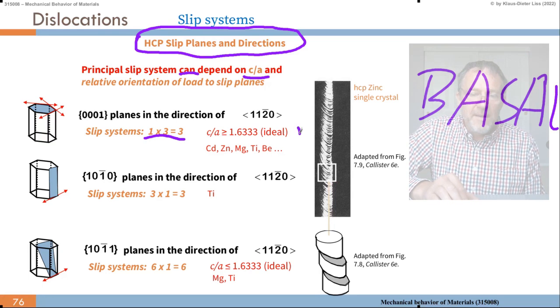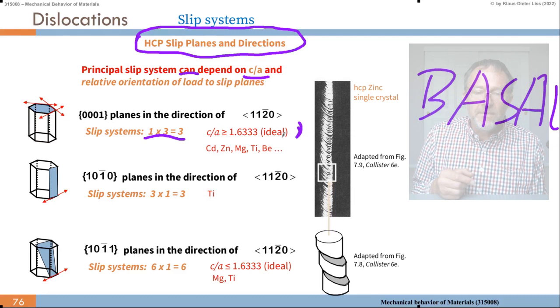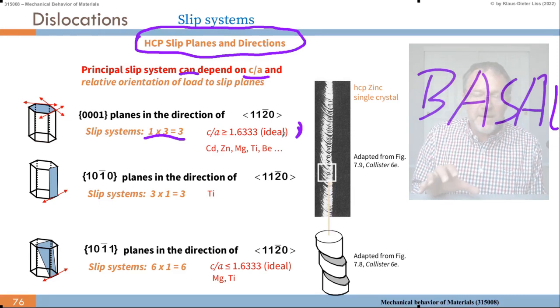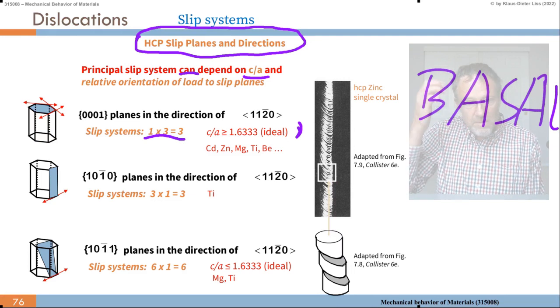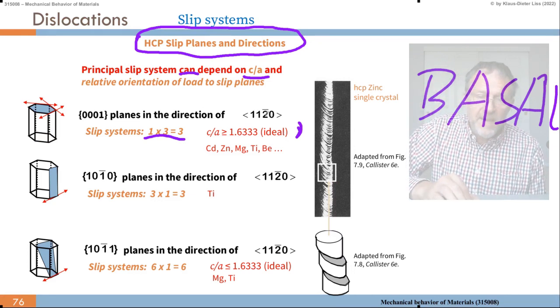And that occurs mainly when the C over A ratio is larger than 1.633. 1.633 is the ideal C over A ratio in a real ideal close packed structure. So those who did crystallography can calculate that ratio. It's a nice homework.